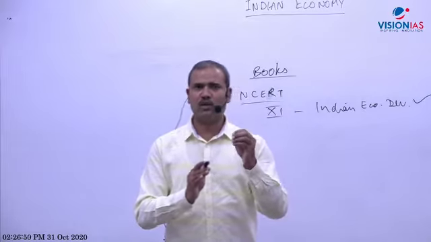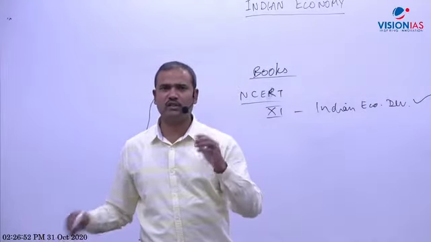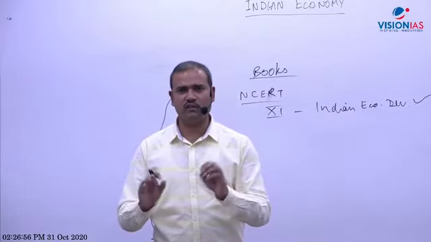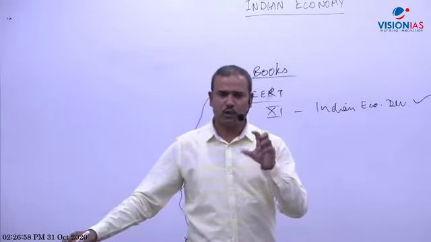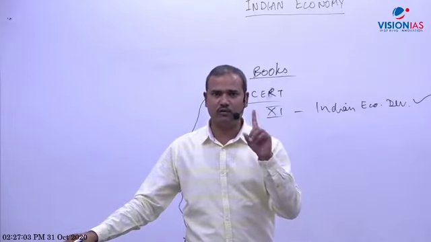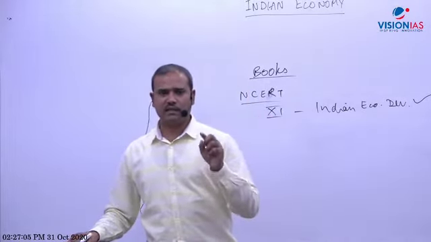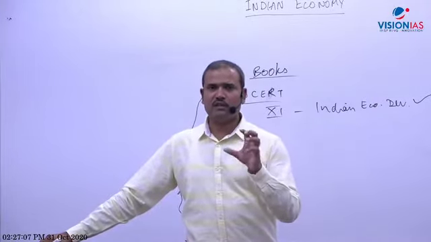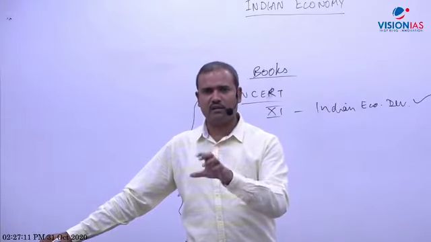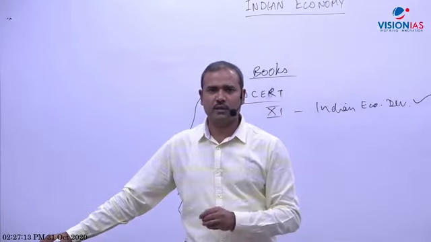Out of the 23 or 24 questions at most this year, 15 were directly from class notes. So in prelims, the weightage is 20 to 25%, which is very high for one subject. Second, in mains GS3 there is economy, science and tech, and internal security.